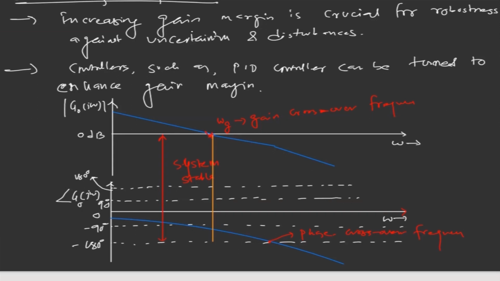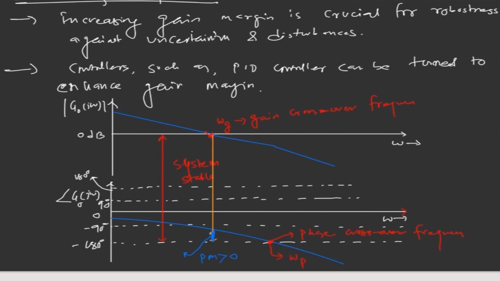So we draw a line from the gain crossover frequency to minus 180 degree, and this value is the phase margin, which is a positive value here. This point is omega p, the phase crossover frequency.